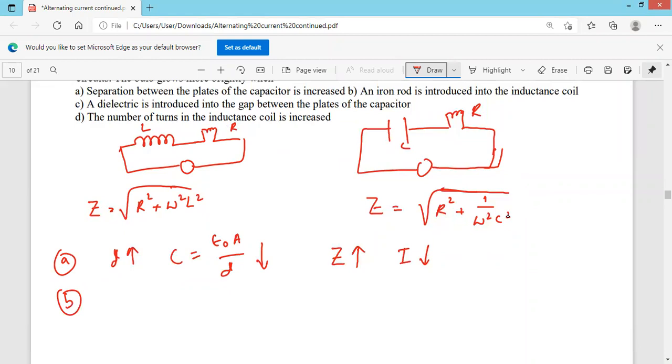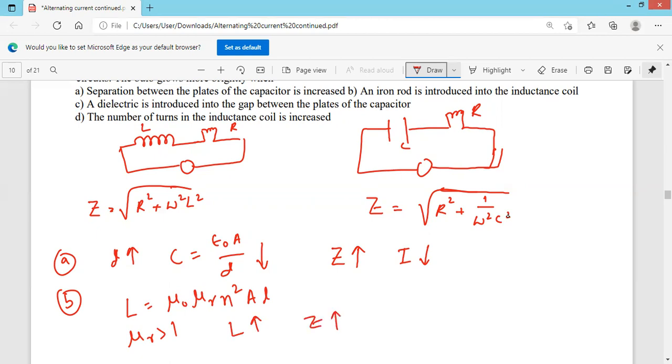Next option, B. An iron rod is inserted into the inductance coil. The self-inductance is equal to mu naught into mu r into n square into A into L. When the iron rod is inserted, mu r is greater than 1, so self-inductance increases.